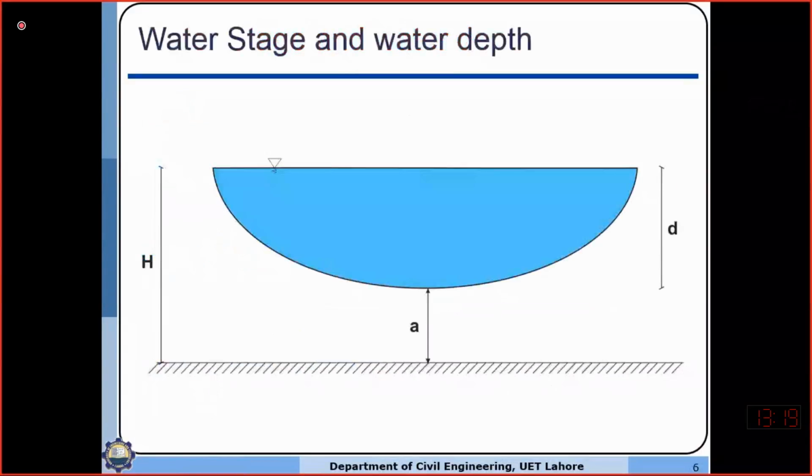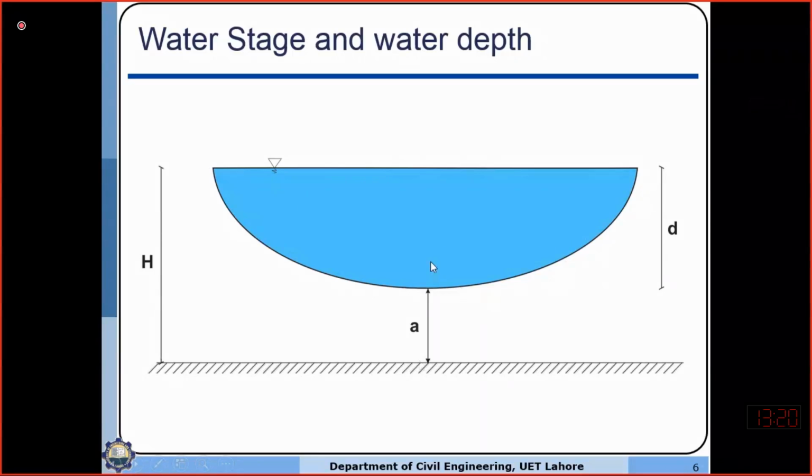Now, if you look at this figure, the difference between stage and depth is mentioned. Stage is h, in the form of a reduced level, with respect to the fixed or arbitrary datum surface. Depth is from the bottom of the channel, the deepest point of the channel, to the water surface. That is called the depth of water.